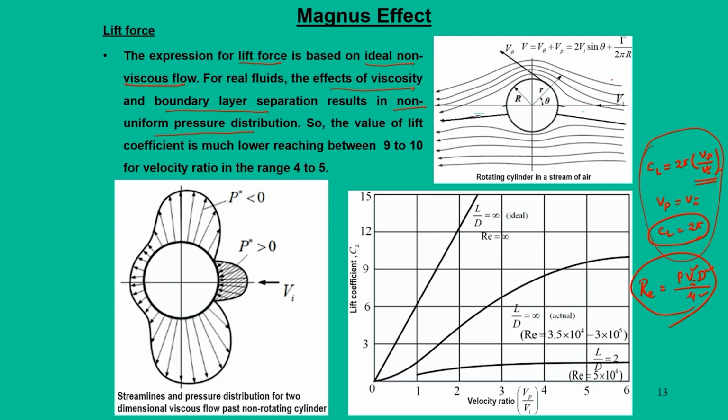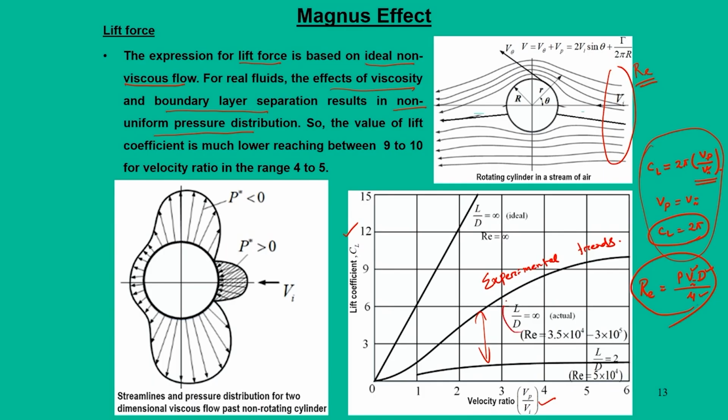Then we can calculate the Reynolds number Re for the flow, and for a given Reynolds number we can plot various values of velocity ratio with respect to lift coefficient, and in fact these are what we call experimental observations, or experimental trends.